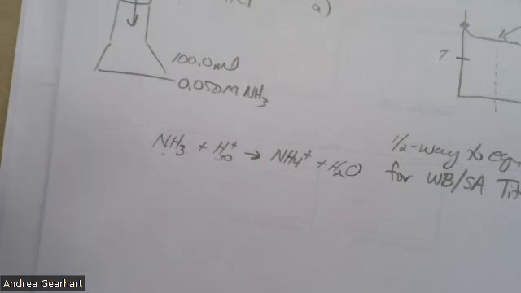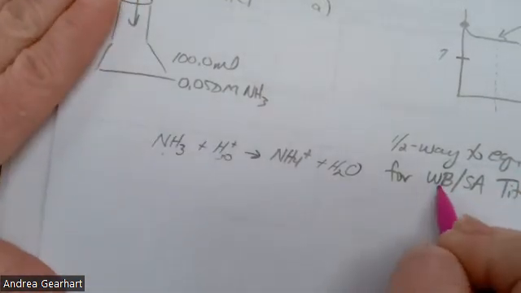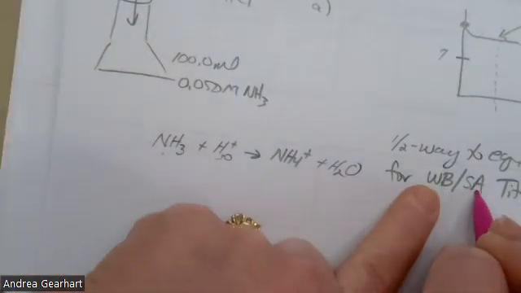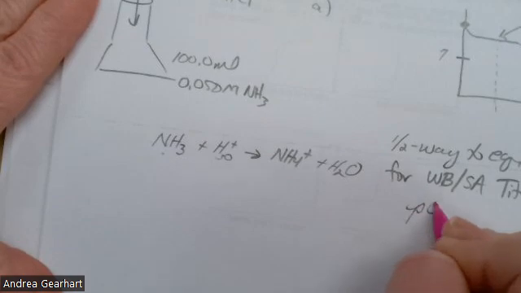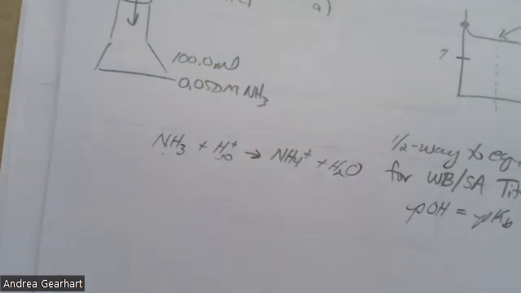Halfway to the equivalence point. Okay, very good. We would say the pOH is equal to the pKb because the base is our dominant species.